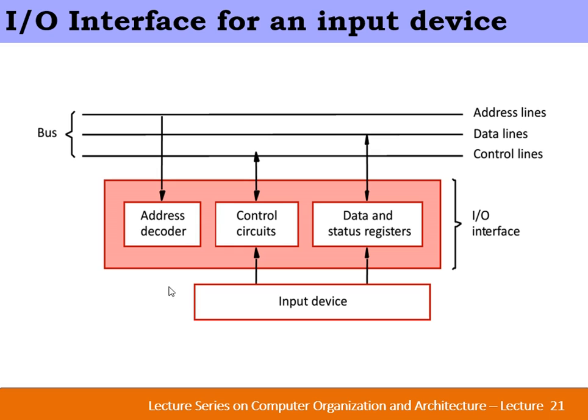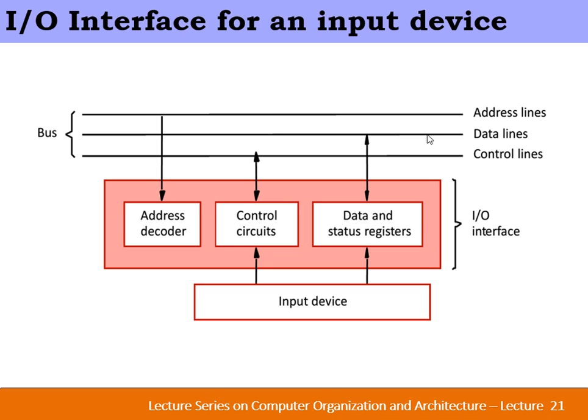Now let us discuss the IO interface for an input device. So this is an input device. If this input device needs to be connected, what are the interfaces that are required? A bus has 3 sets of lines: address lines, data lines and control lines. Address lines carry the address of the input or output device.